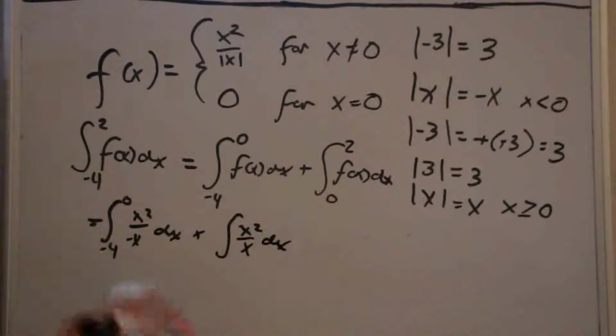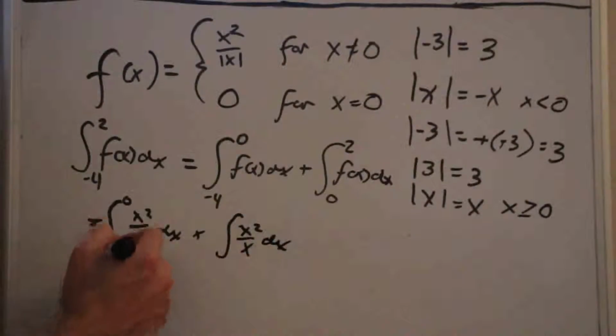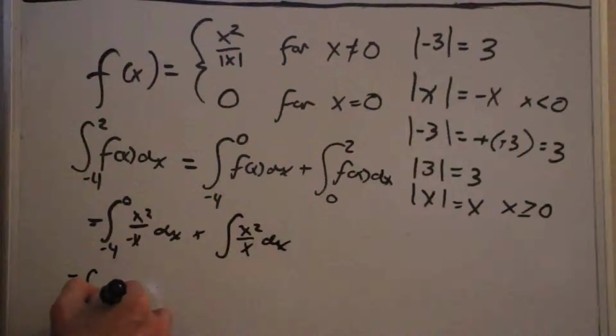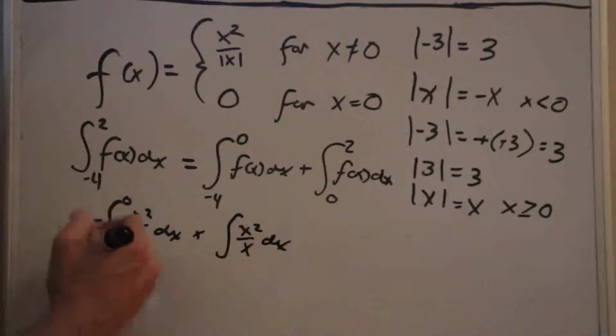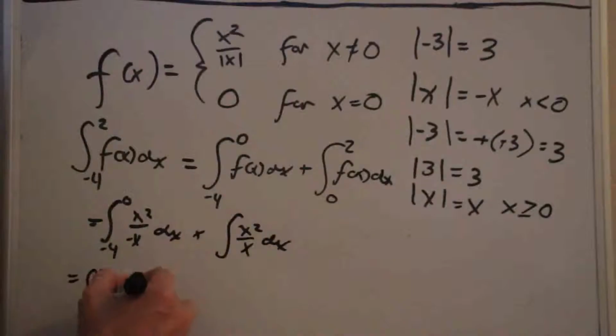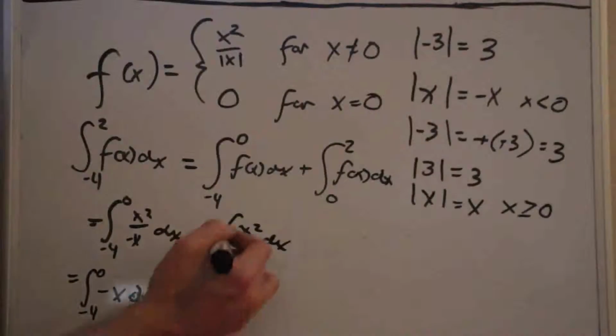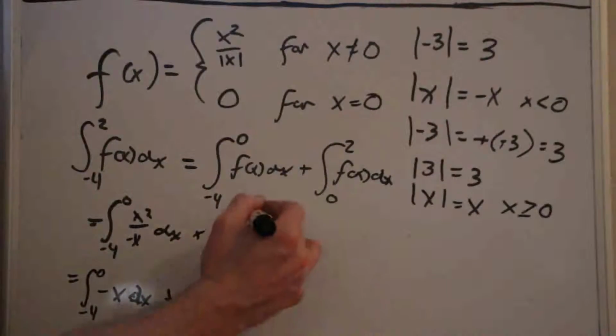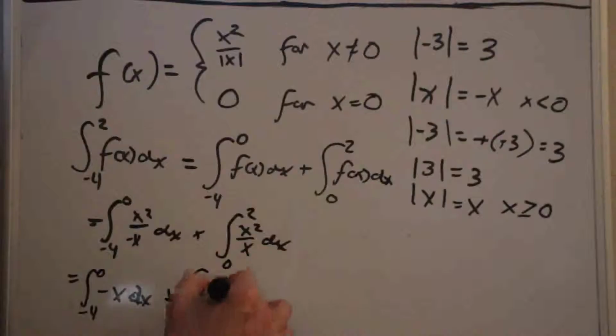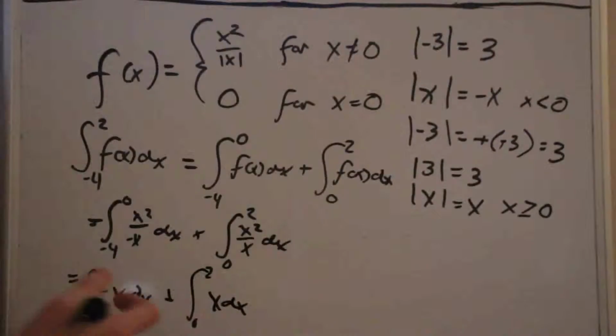Now I'll simplify: the integral from -4 to 0 of x squared over -x becomes -x dx, and the integral from 0 to 2 of x squared over x is just x dx.